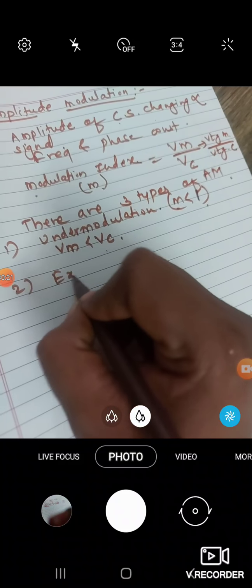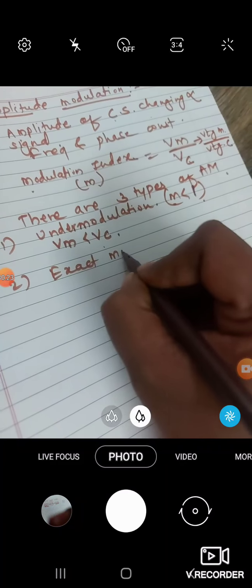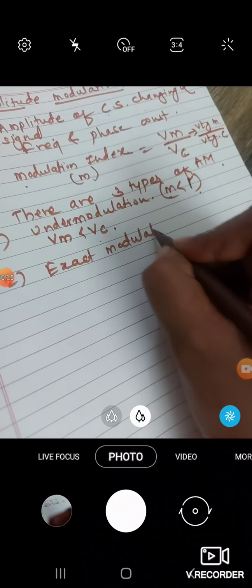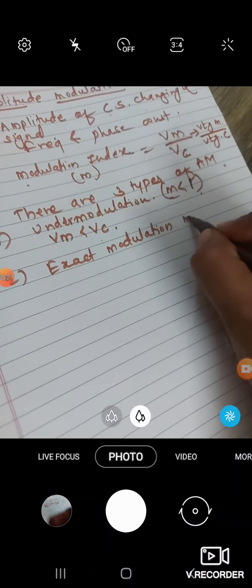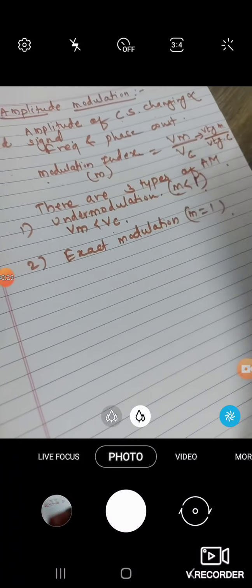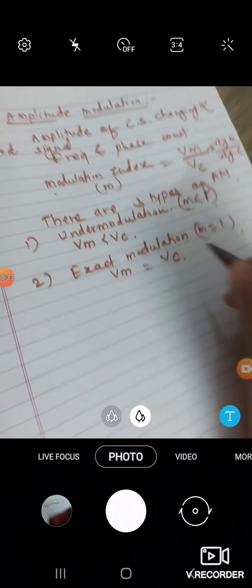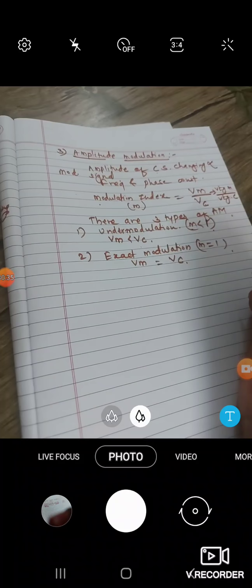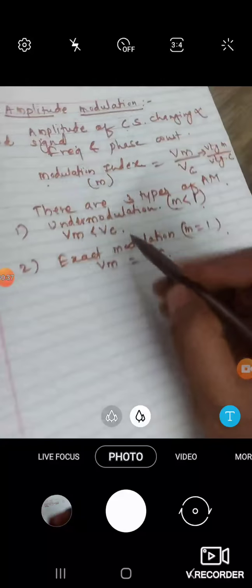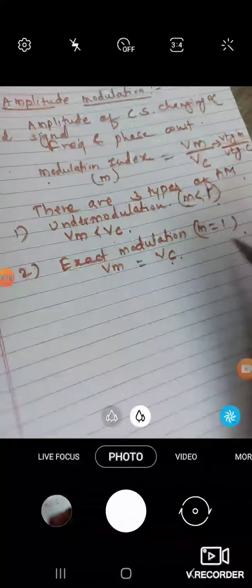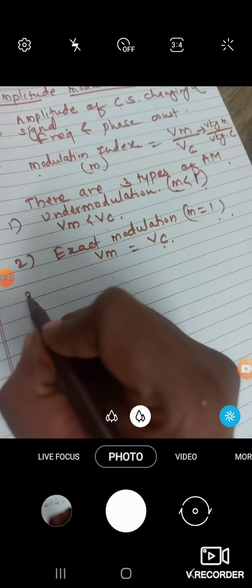Then the next condition is exact modulation. What happens in exact modulation? m is exactly equal to 1. So in that case Vm is equal to Vc. That is the concept of exact modulation: Vm is equal to Vc and m is equal to 1.